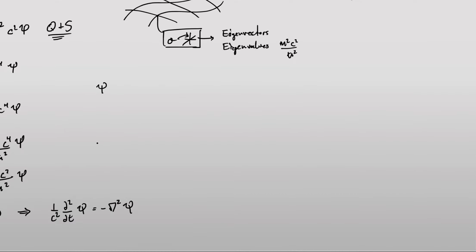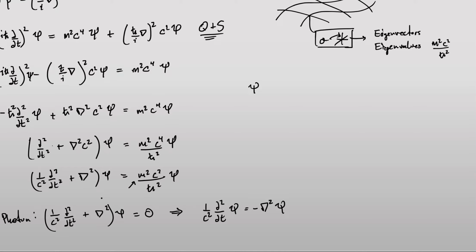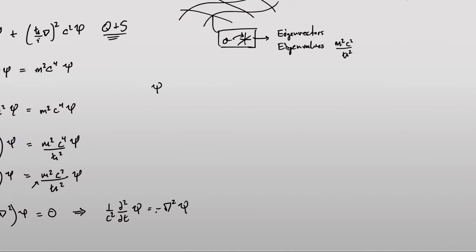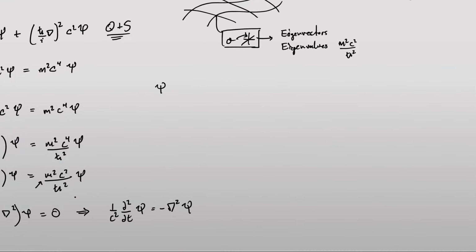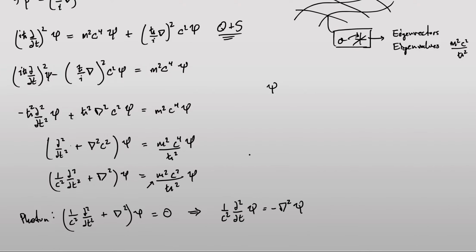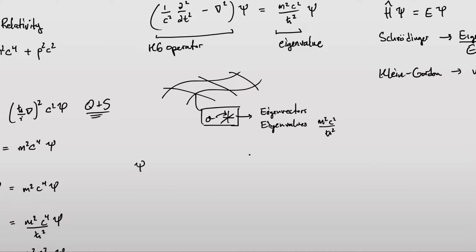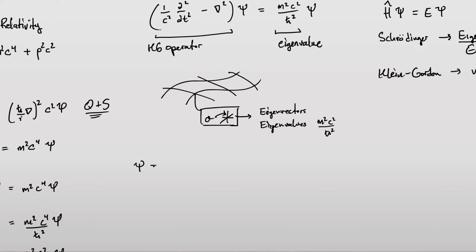We said that this looks an awful lot like the wave equation, especially in the case where we're just talking about photons or things with no mass. So let's postulate, let's guess, that our solution to the Klein Gordon equation is a wave, e to the negative i over h bar, Et minus px.